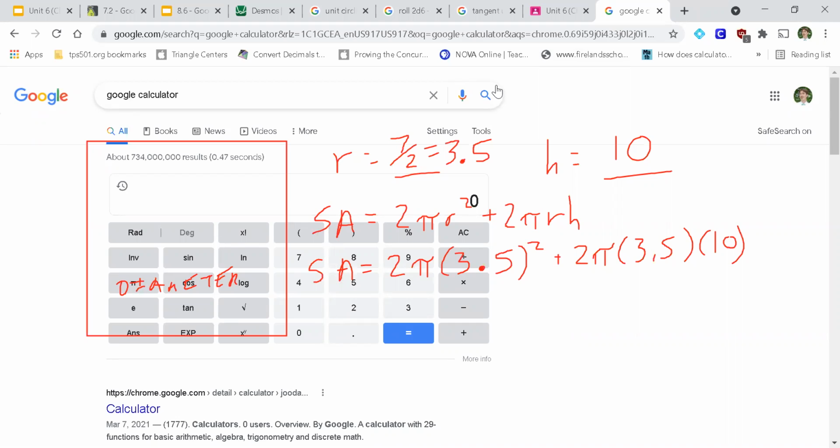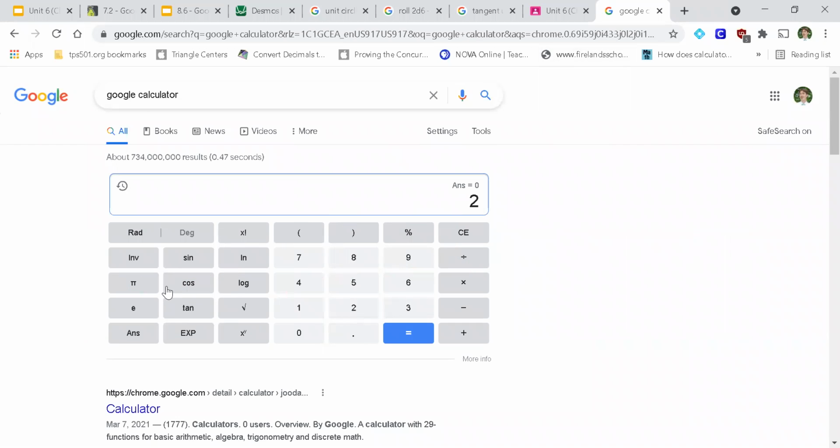All right, so if you type that into a calculator, it's 2 pi times 3.5 squared plus 2 pi times 3.5 times 10. What are we talking about?